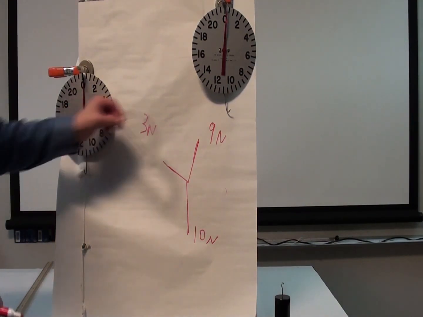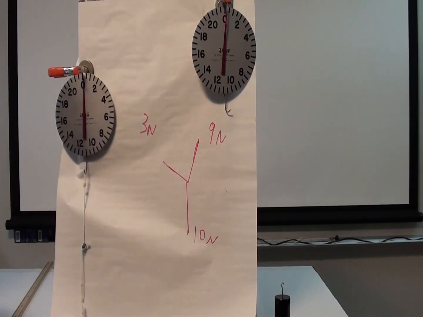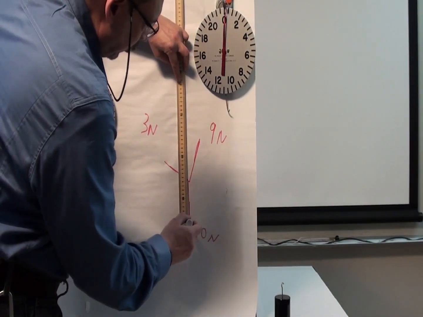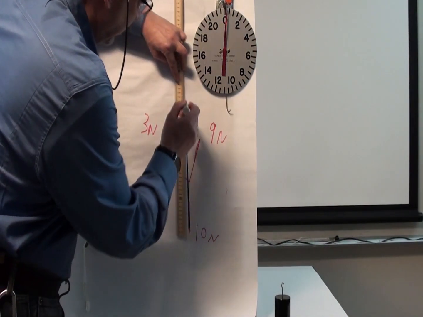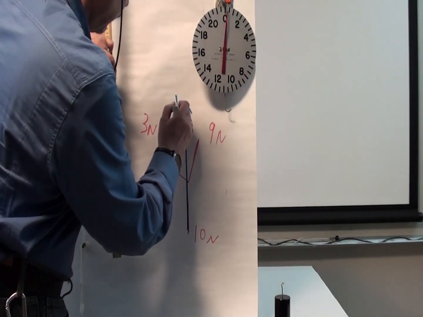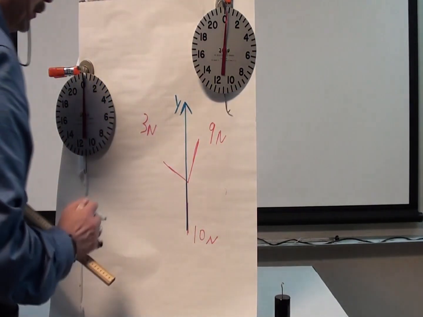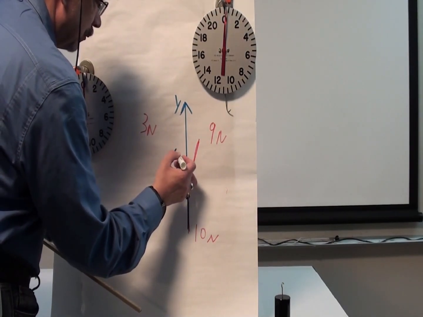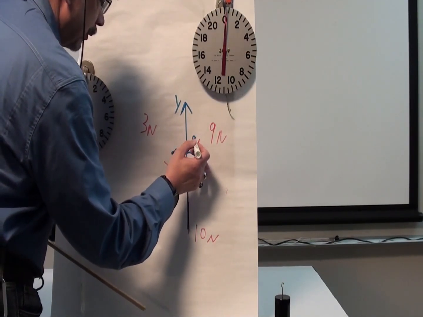Our goal is to measure the angles formed by those forces. So how would I do that? Well, I need x and y axes. This is my vertical axis, so I'm going to call it Y. And these are my angles, alpha and beta.